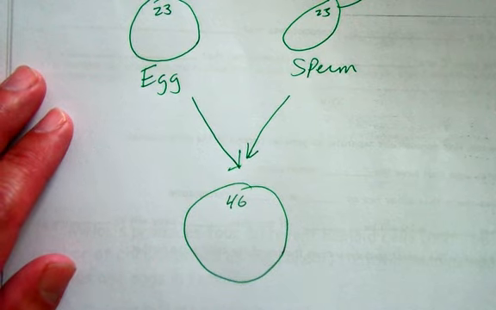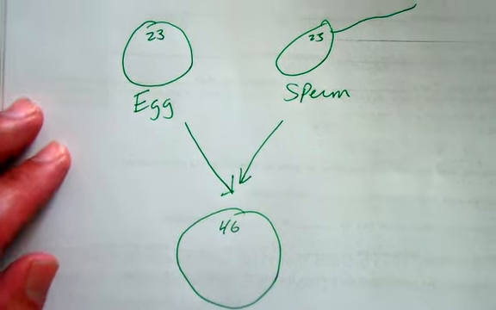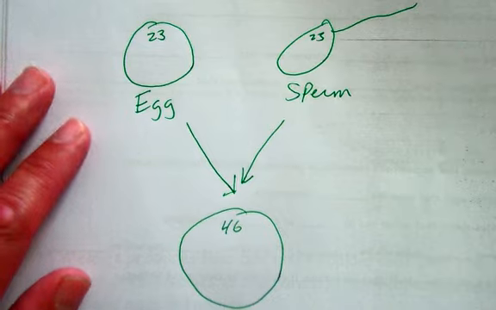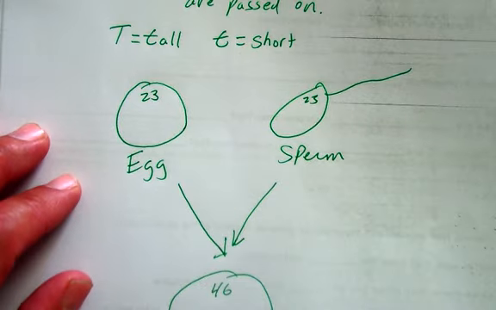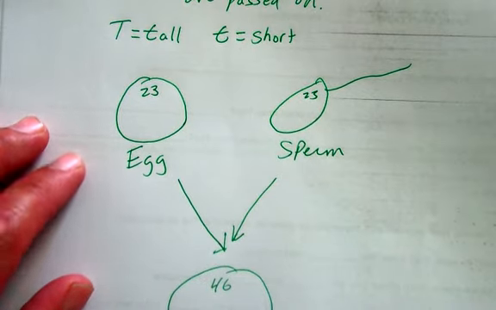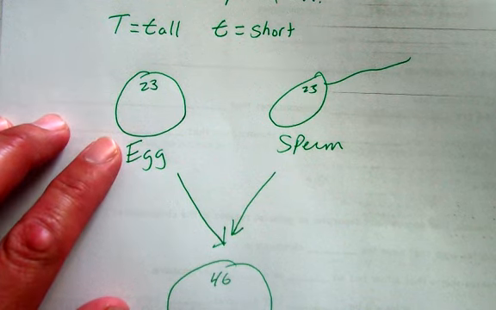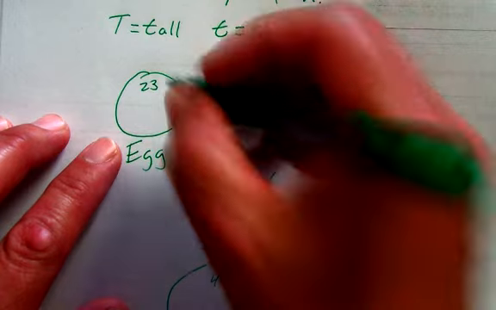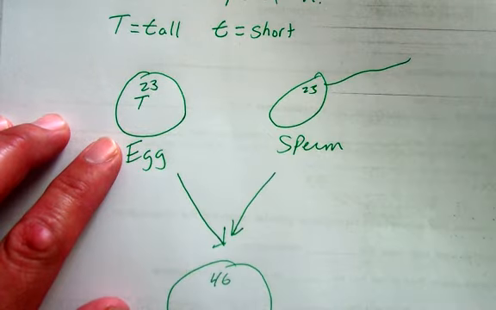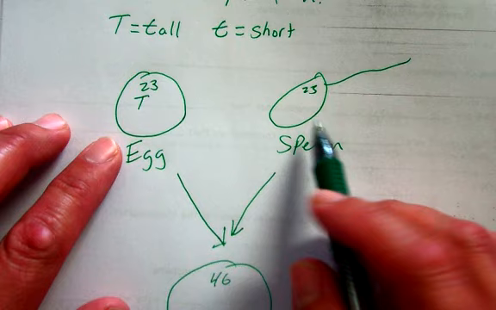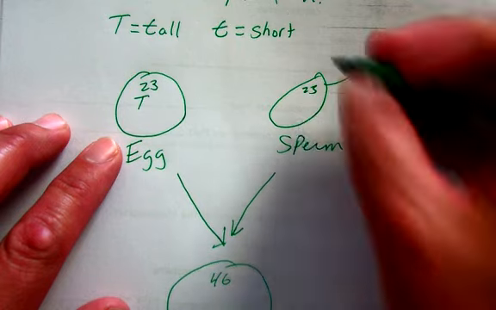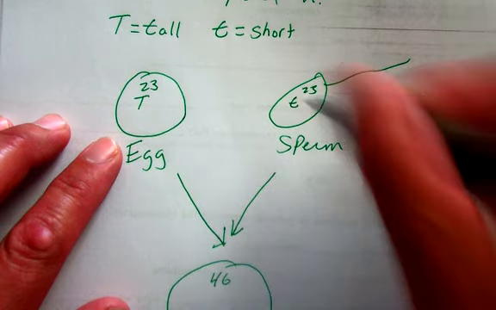All right? But if we're talking about a characteristic such as tall and short, let's say this person's sex cell had this letter that represented T, capital T for tall. And this guy over here, the sperm, had a sex cell with the lowercase letter in it.